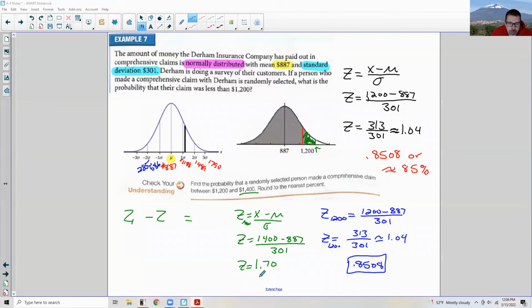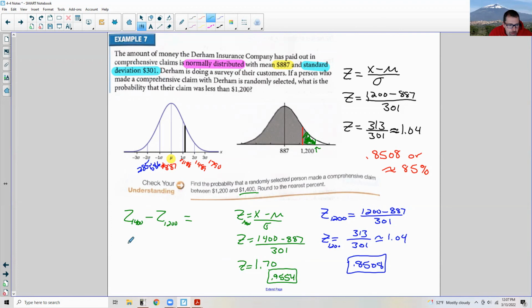Okay, so this is going to be 0.9554. So the answer to this question is Z1400. I was right. Over here, I was wrong in pushing my buttons. Wasn't paying attention.